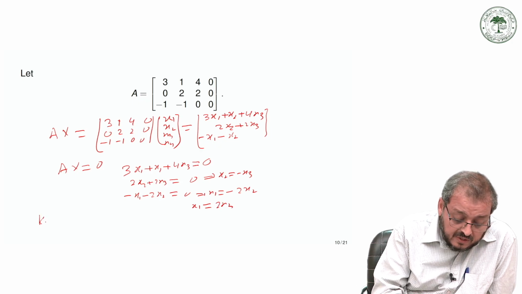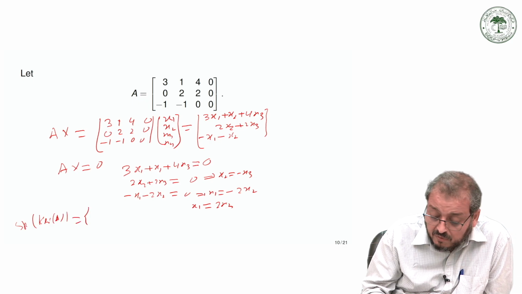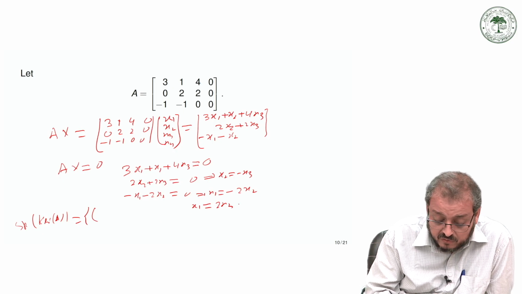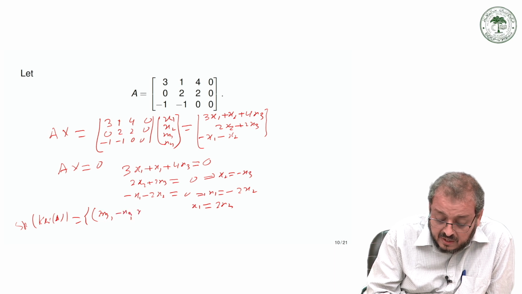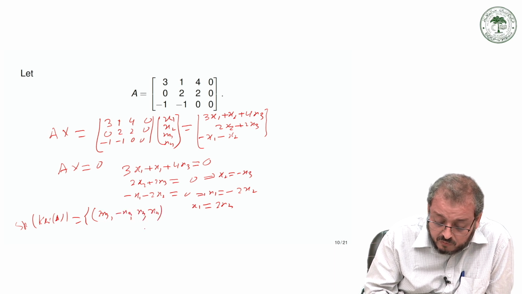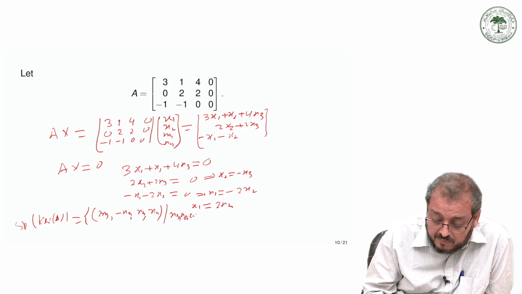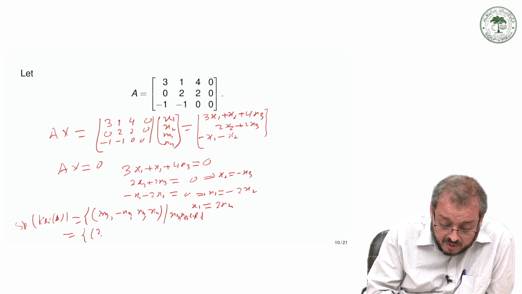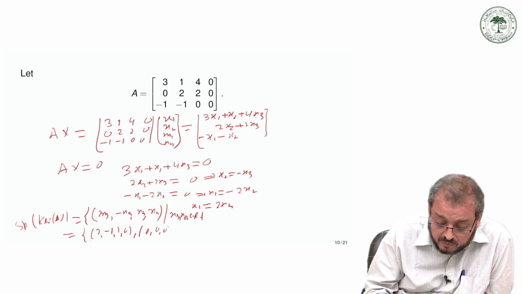Then the kernel of A is the span of vectors of this form: x1 equals twice x3, then minus x3, then x3 and x4, such that x3 and x4 are any real numbers. So the span is 2 minus 1 1 0 and 0 0 0 1.